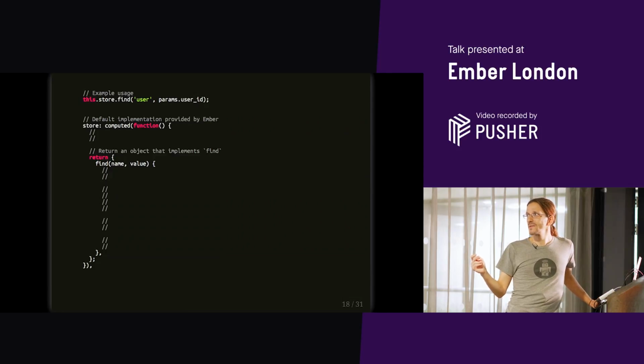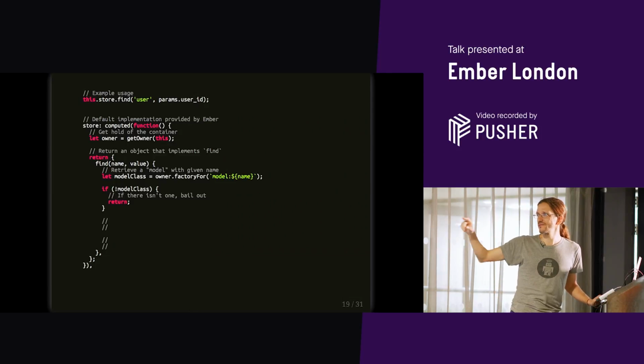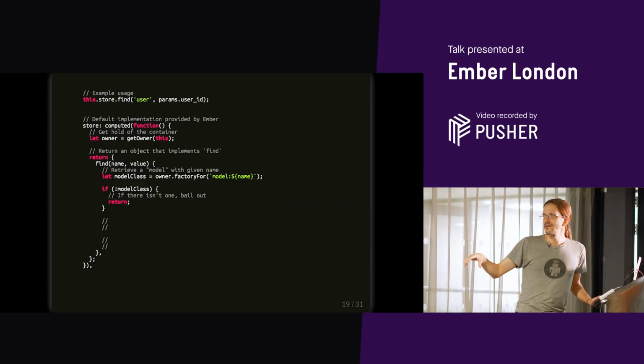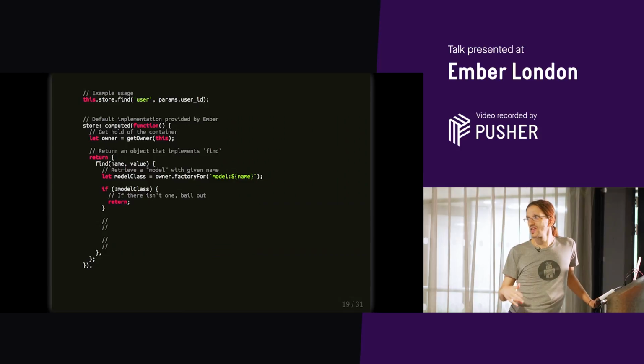Now, in order to find the user model, it needs to look into Ember's dependency injection container. And true enough, it gets hold of the owner, the application, which is good enough to look into the container. It uses factoryFor with the name of the model.